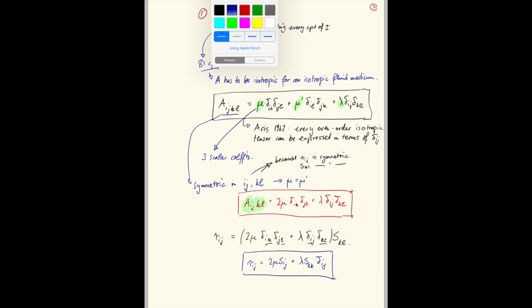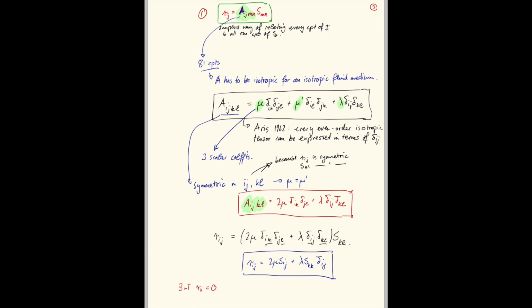But we know that tau ii, because it's the deviatoric stress tensor, so it's pure shear, we know that this is 0.